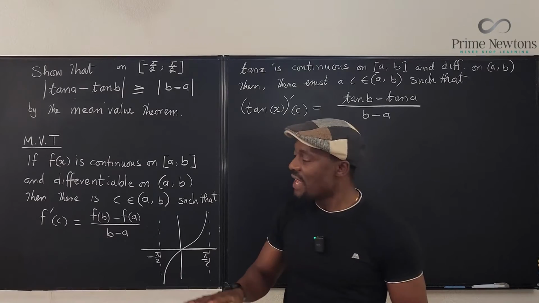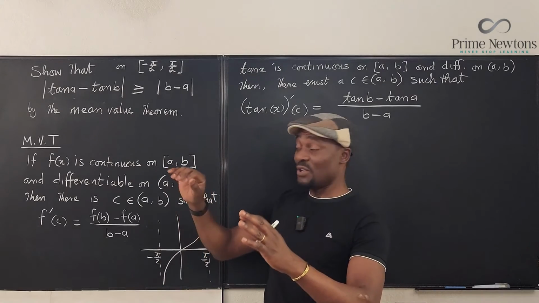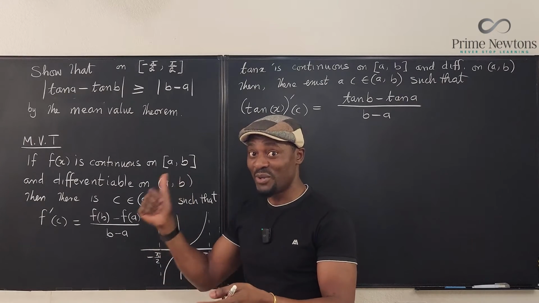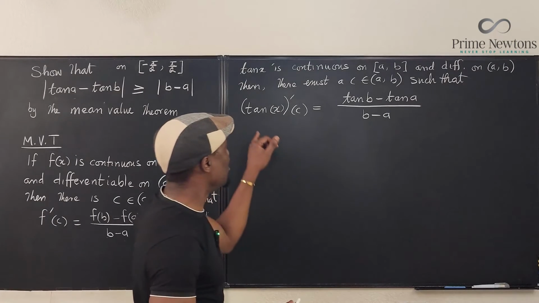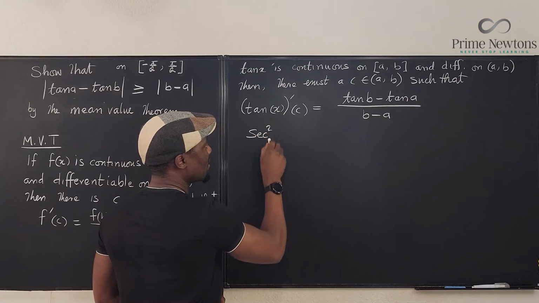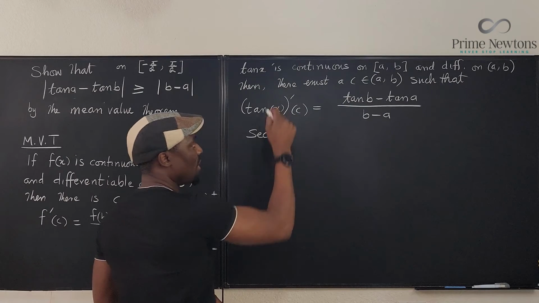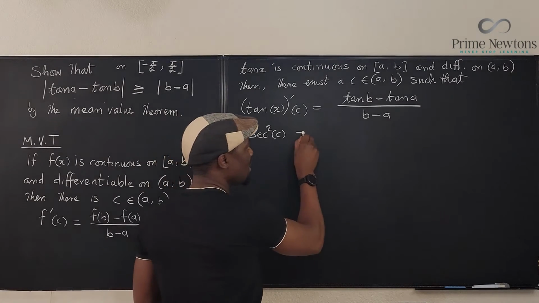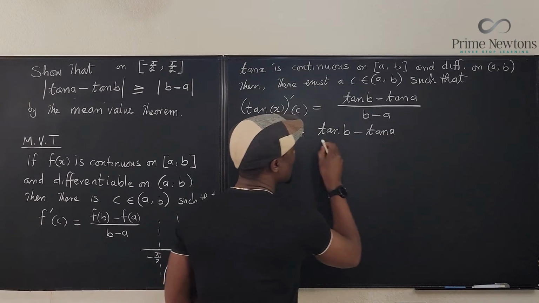You notice that this definition does not include absolute values, okay? Because if you don't put the absolute values, this sentence cannot be correct. So there's a reason why they both have absolute values. Now, what is the derivative of tan? This is secant squared x. Evaluated at c, it will just be secant squared c. Remember, you just plug this into it. So secant squared c will be equal to tan b minus tan a over b minus a.